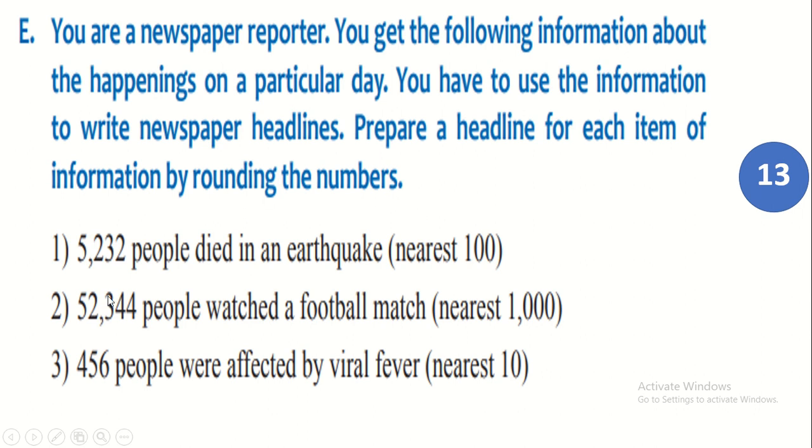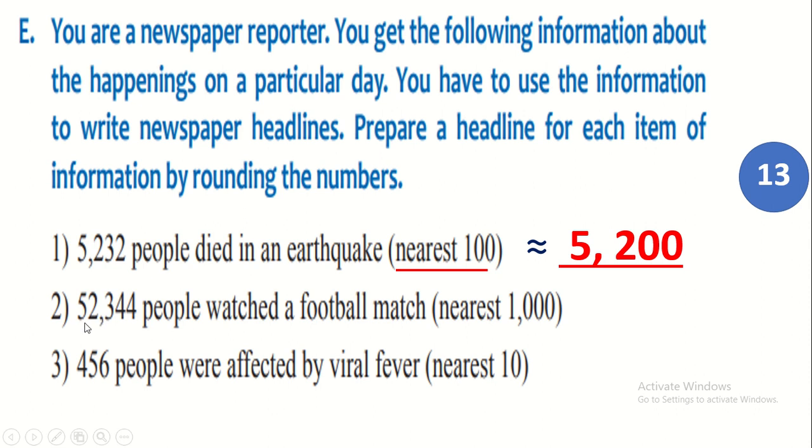Number 1: 5,232 people died in an earthquake. Nearest hundred. What is the answer? The hundreds digit is 2, but next to it in the tens place is 3, less than 5. The answer is 5,200. Correct, students?